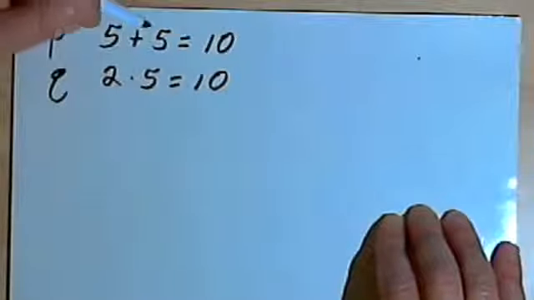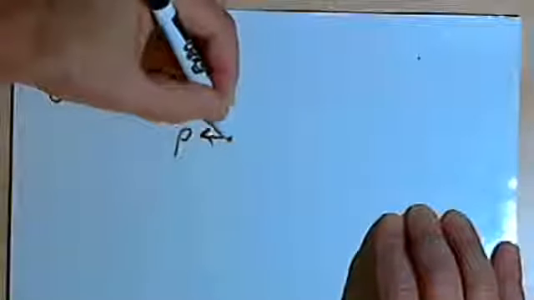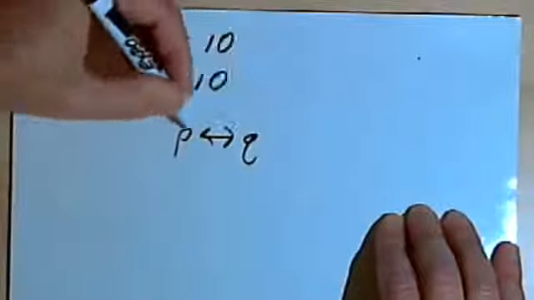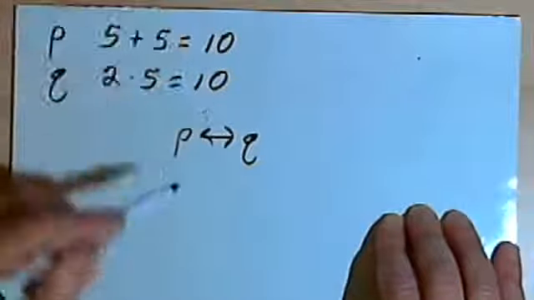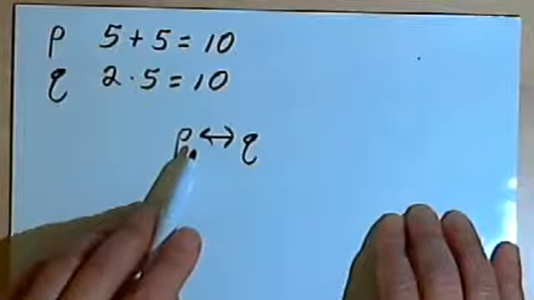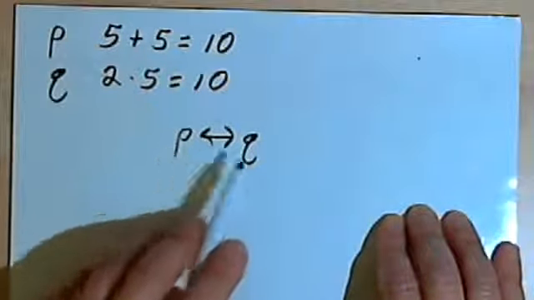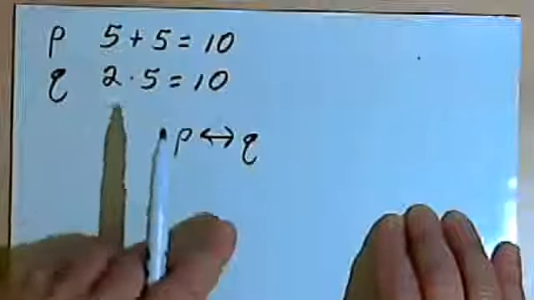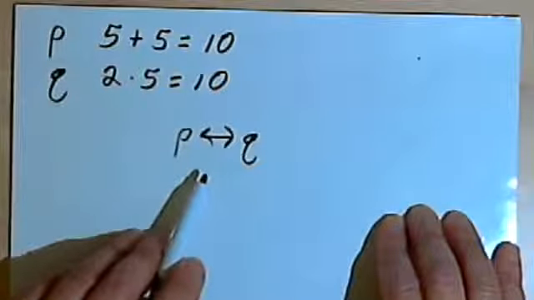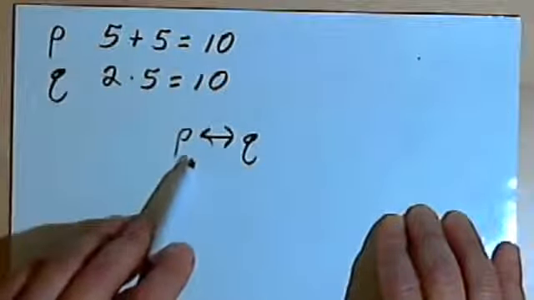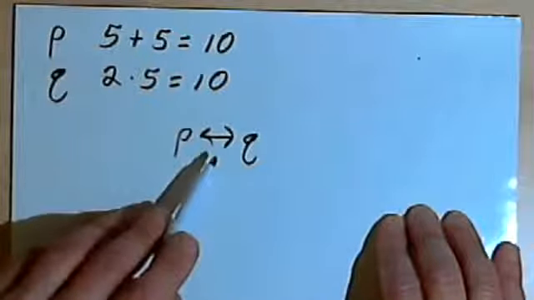If I want to write that symbolically, I'm going to have a P and a two-headed arrow and then the Q. So the arrow points in both directions, meaning basically I'm taking two regular conditional statements, one in one order, the other in the other order, and combining them into a biconditional statement. And when this is read, usually they'll say something like P if and only if Q.